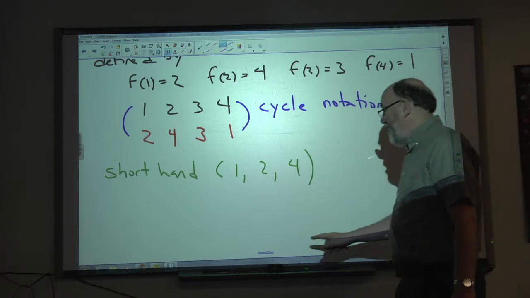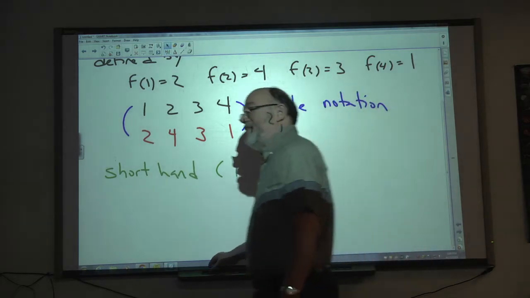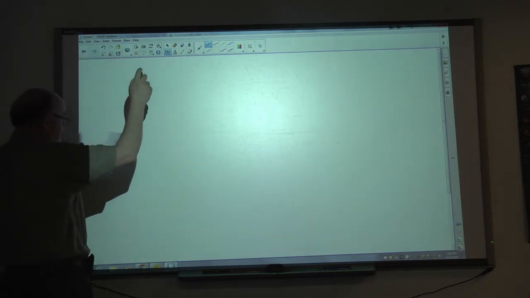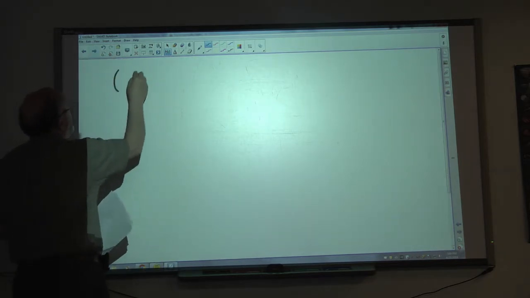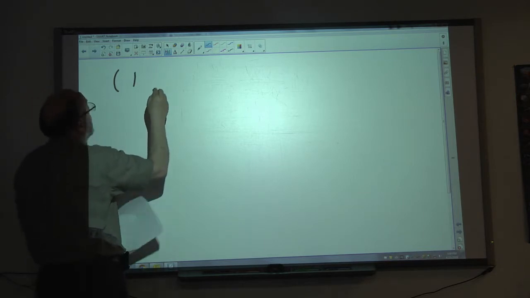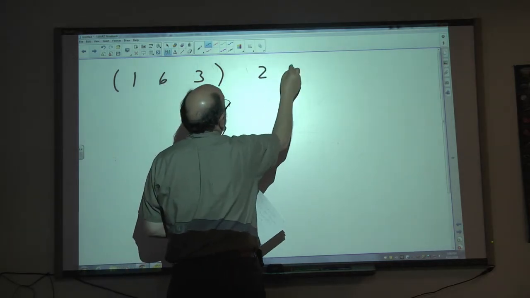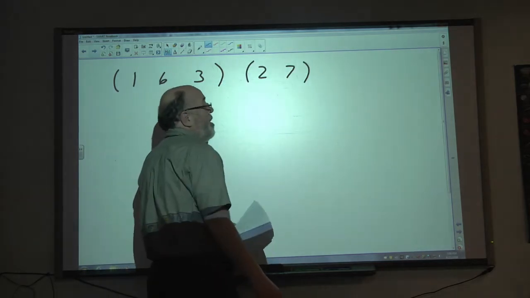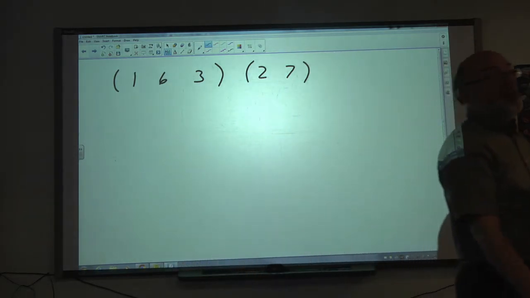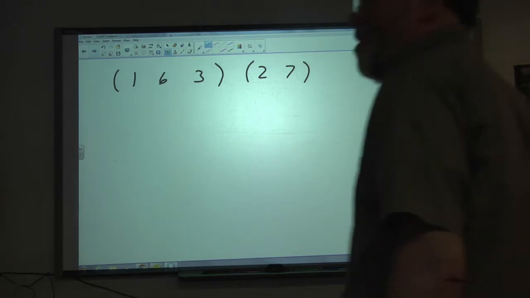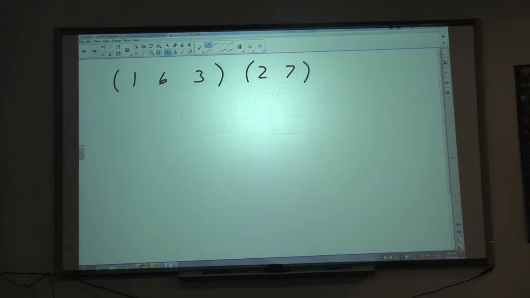So if I gave you this shorthand notation, I'd say write out the two-line notation. I want to know what the two-line version of this looks like.